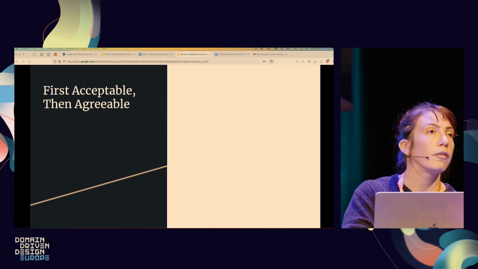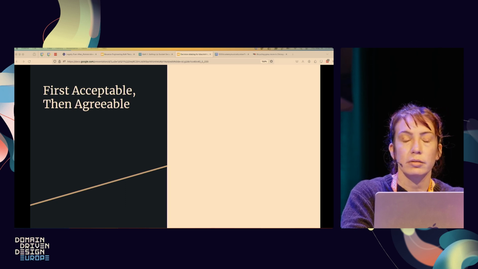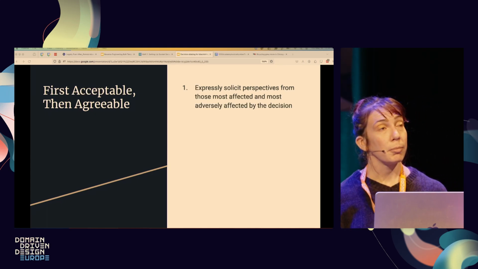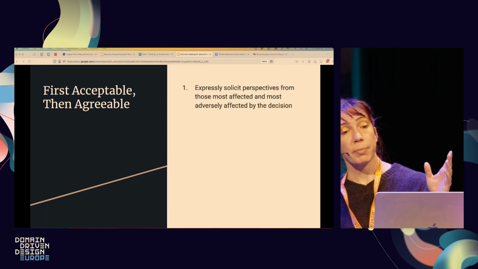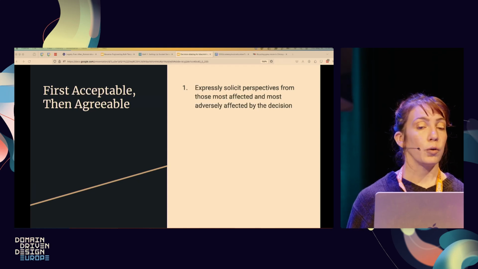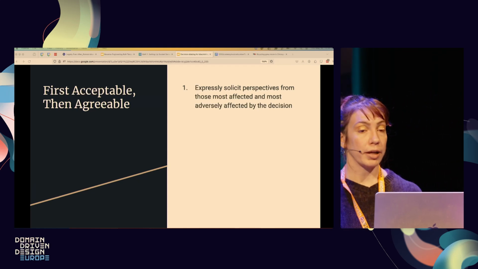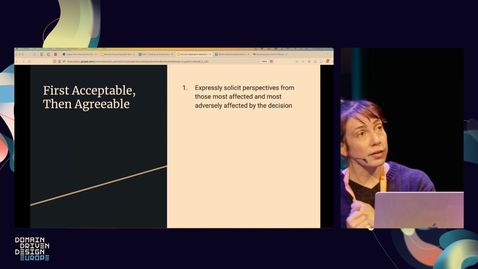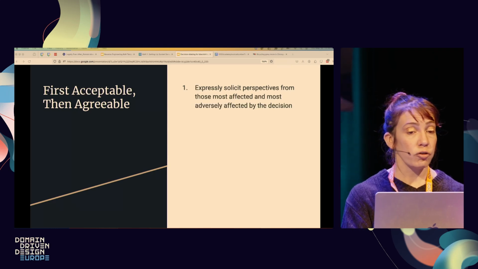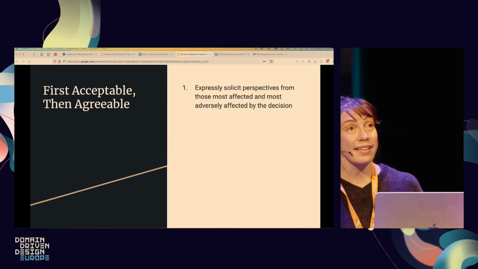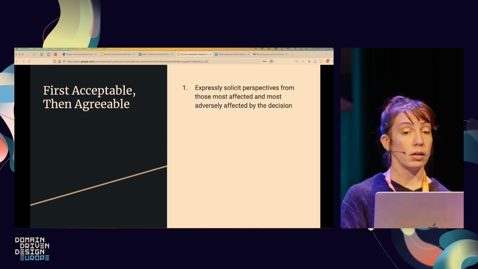How might we solve for situations like this? We might begin by expressly soliciting perspectives from those most affected by the decision, folks who use the healthcare app and their dependents, for example, and those most adversely affected by it, too, which might include particularly sick folks or even constituents who currently can't access healthcare at all.